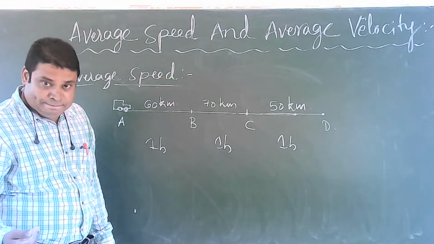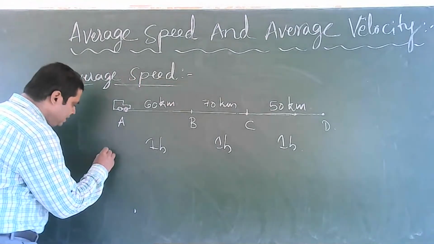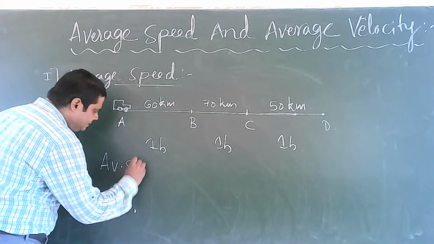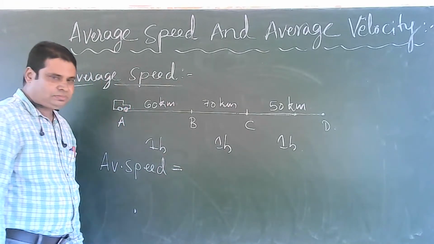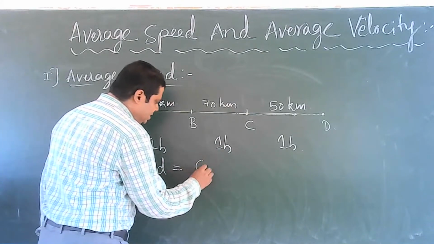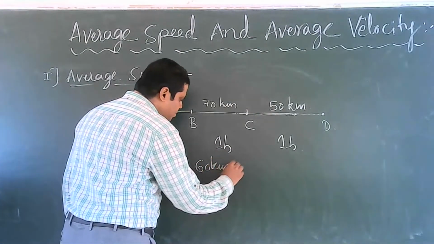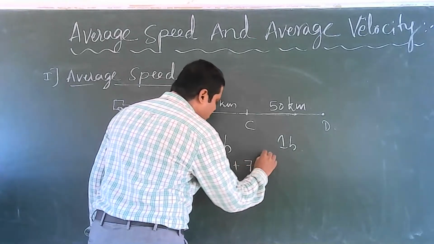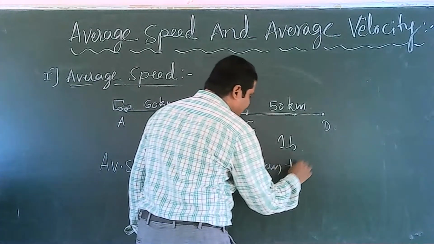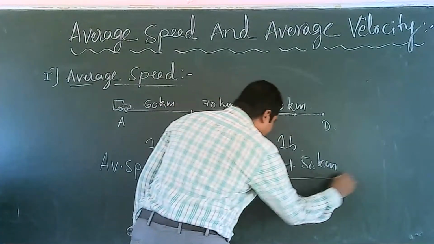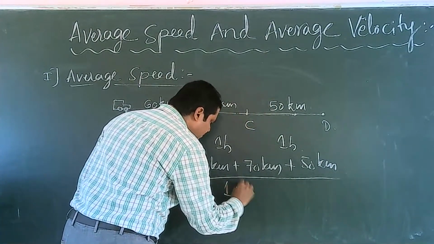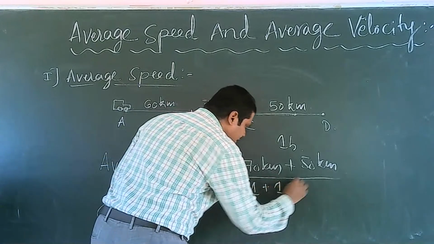What is average speed then? We usually calculate average speed as, see, 60 km in the first interval, 70 km in the second interval, 50 km in the third interval, divided by time taken: 1 hour plus 1 hour plus 1 hour.